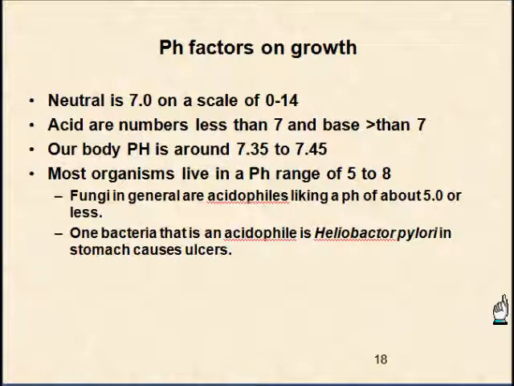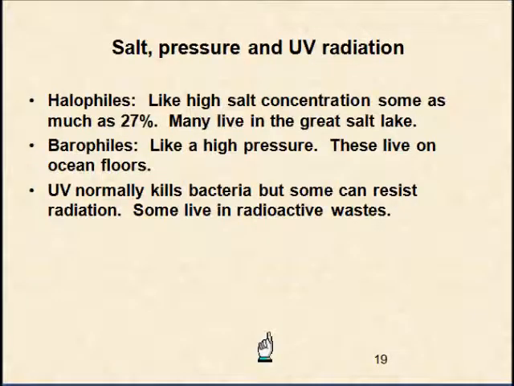On the surface of oranges, we have one bacteria that is an acidophile, and there is one that is actually an extreme acidophile, which is Helicobacter pylori. And the pH in your stomach is pretty close to 1. And this microorganism appears to be the one that causes about 80% of stomach ulcers.